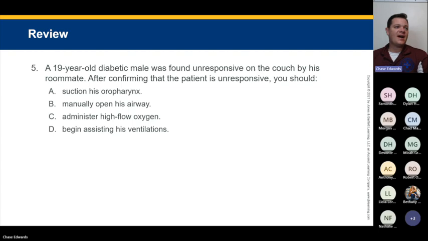All right, question number 5. So a 19-year-old diabetic male was found unresponsive on the couch by his roommate. After confirming that the patient is unresponsive, you should do what? Hold your answers.